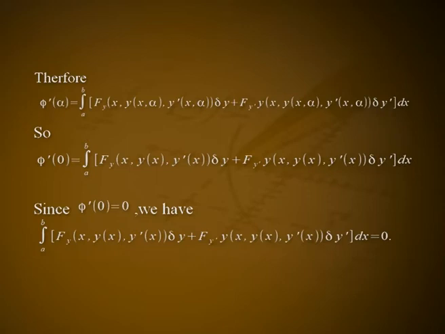Since phi dash of 0 equal to 0, we have integral a to b f_y delta y plus f_y dash delta y dash dx equal to 0.